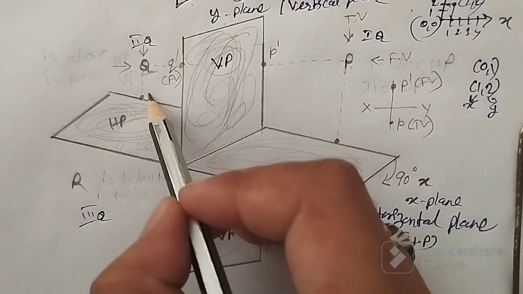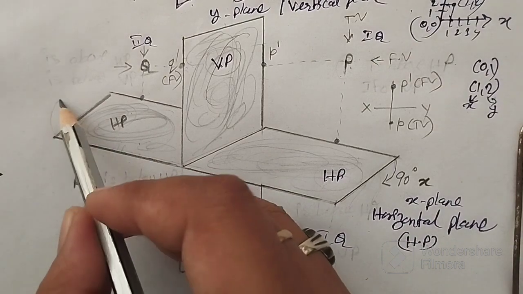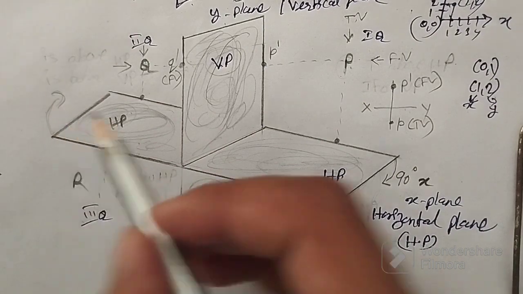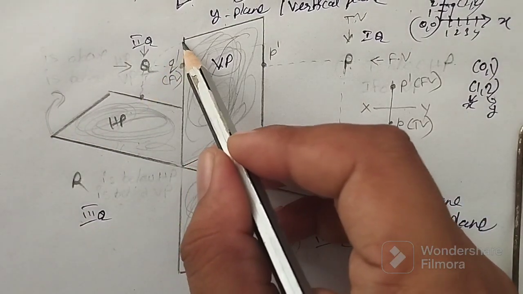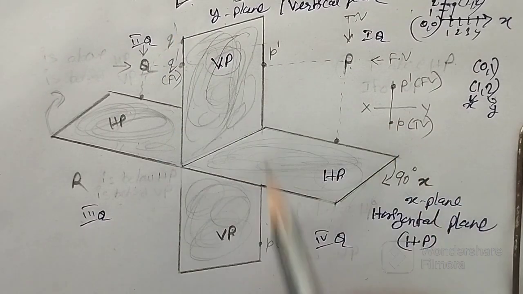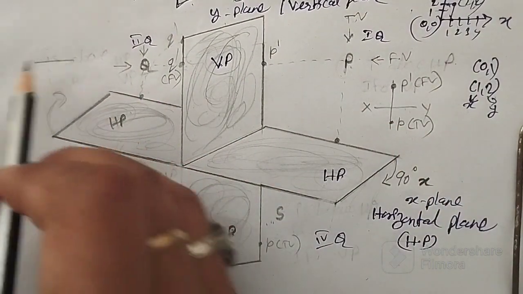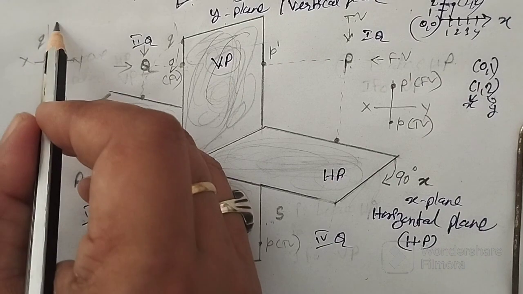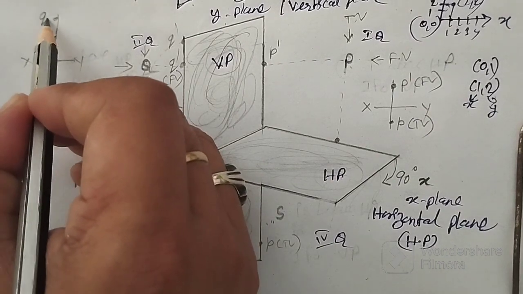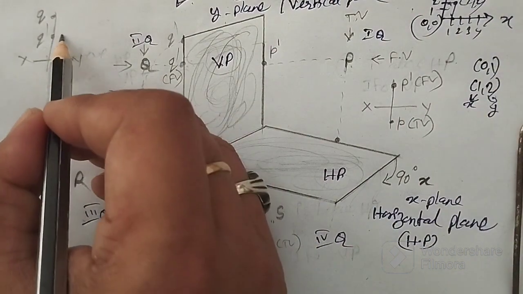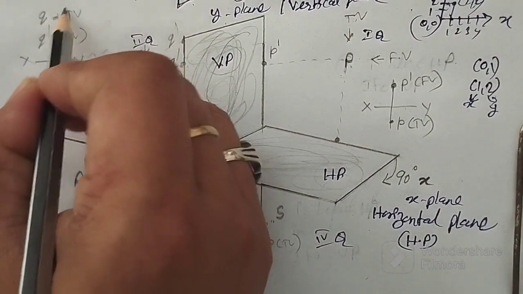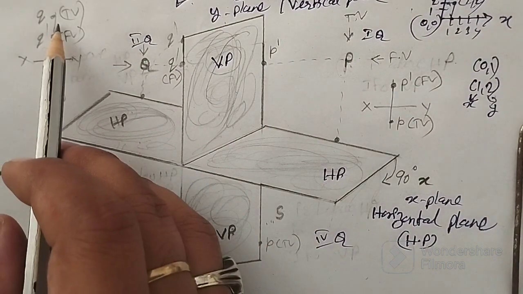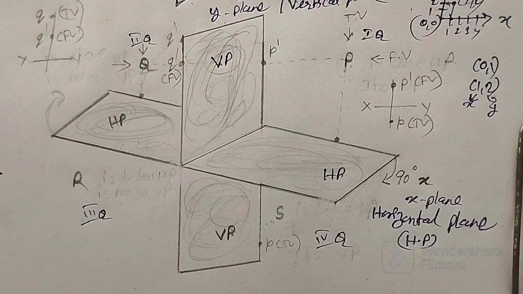So when you're rotating this, this comes down, this will obviously go up. So this point gets transferred somewhere here. So in second quadrant, if this is my XY reference plane, its front view Q dash and the top view Q both lie above XY plane. In second quadrant, the front view and top view both lie above XY plane.